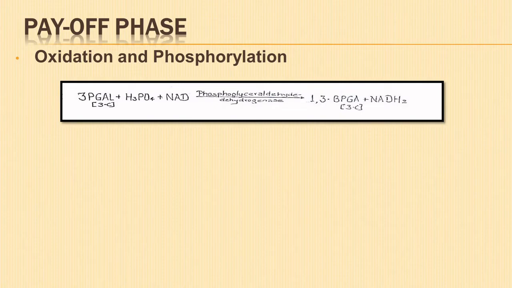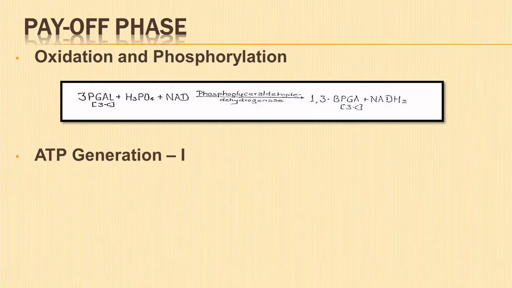During this reaction, NAD takes up 2 hydrogen ions and gets reduced to NADH2. Therefore, in this step, both dehydrogenation and phosphorylation takes place.